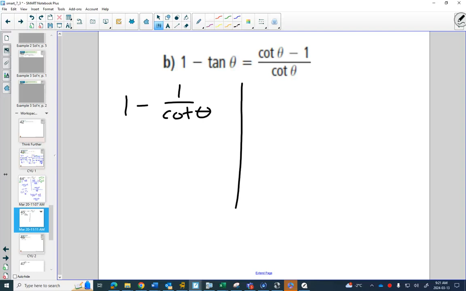Main strategy still stays. Can you write a single fraction on both sides? This side is already a single fraction. This side, I'm subtracting. I would need to have a common denominator, so I multiply by cotangent theta and cotangent theta. And just so you know, on the exam, if you're like, oh, I'm running out of room, maybe I won't write the thetas.